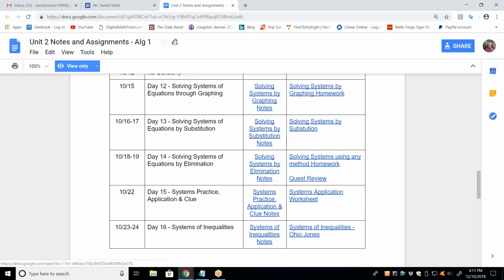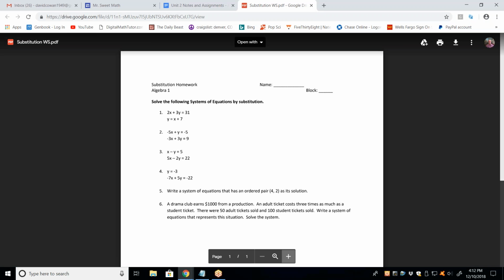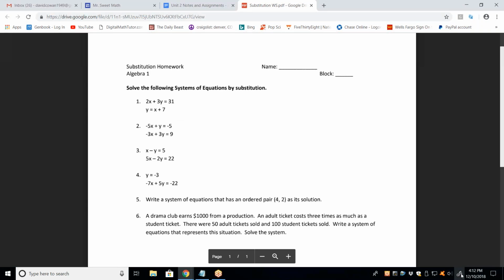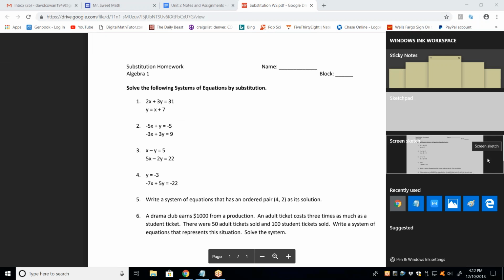So the solving systems by substitution, not the notes. Right, okay. Okay, good. Here, let me blow this up a little bit so we can see it a little better, and then I can write also on it.